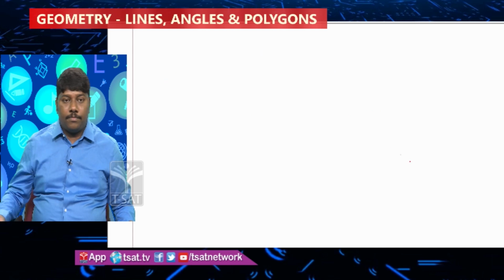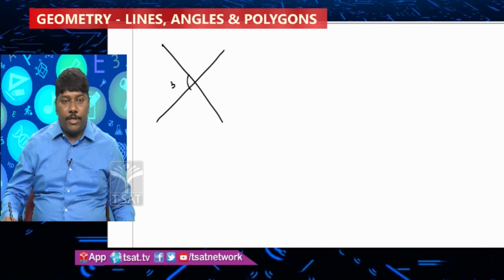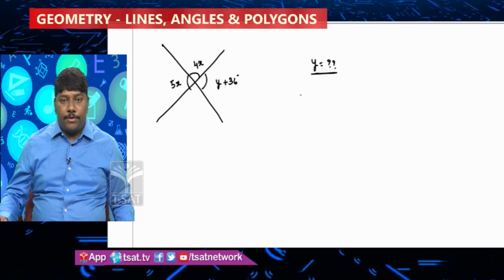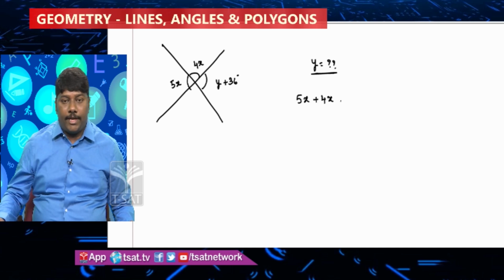Suppose a question is asked based on this. This angle is 5x, this angle is 4x, and this angle is y plus 36. If I ask you what is angle y, in terms of degrees, from this you can say 5x and 4x form a linear pair, which means they form a straight line.